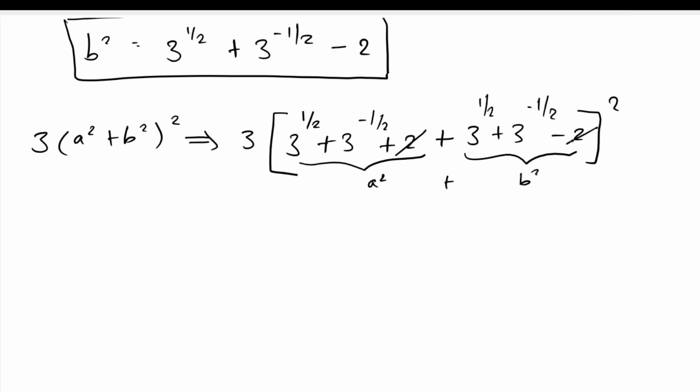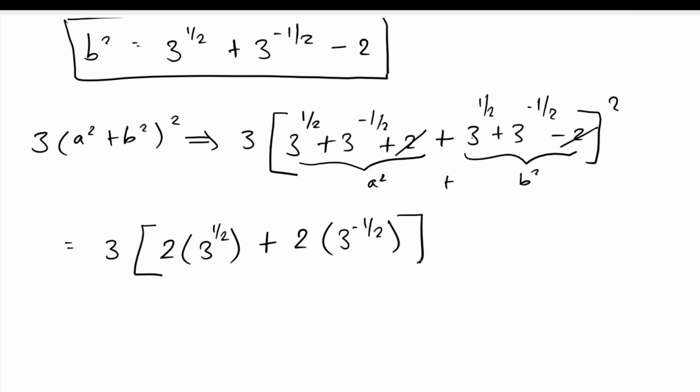Here plus 2 and minus 2 will get subtracted, so we are left with 3 into, 3 to the power 1 by 2 plus 3 to the power 1 by 2 will give us 2 into 3 to the power 1 by 2, and 3 to the power minus 1 by 2 plus 3 to the power minus 1 by 2 will give us 2 into 3 to the power minus 1 by 2.